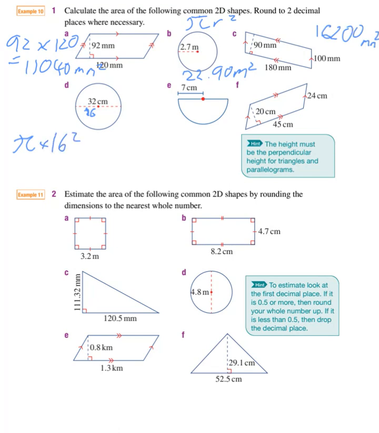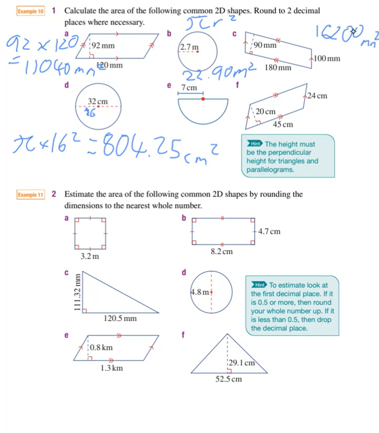Put that in your calculator, and that will get you 804.247, which, because the 7 is 5 or above, means that you have to round that up to 804.25. That is centimeters squared.